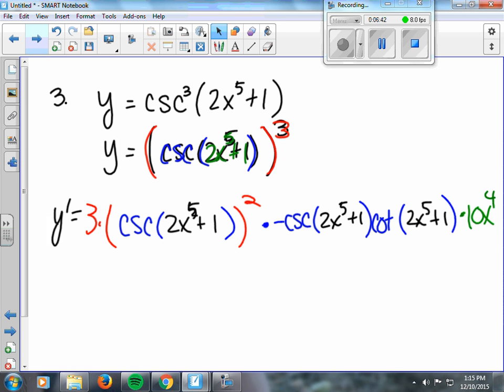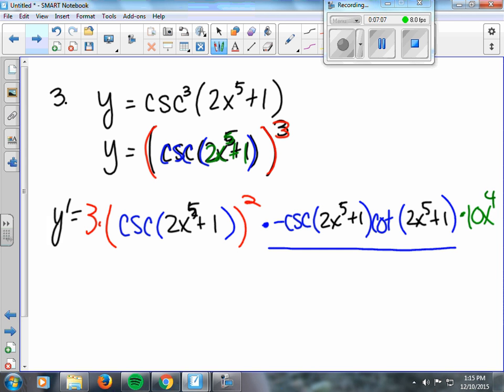The outside layer is that red cube. So I do the 3 squared. That's how you do the derivative of something cubed. It's 3 times it squared. Then inside that layer, there was a cosecant. I know the derivative of cosecant. That's negative cosecant cotangent. That gets multiplied at the end of the line.